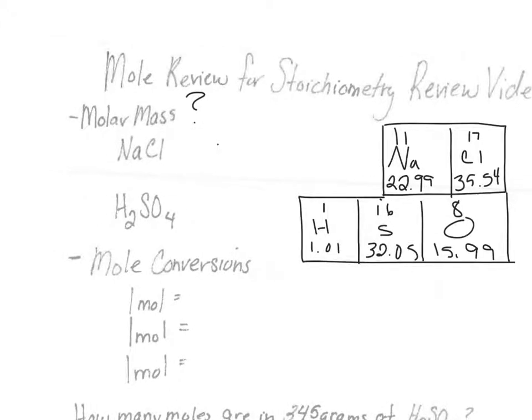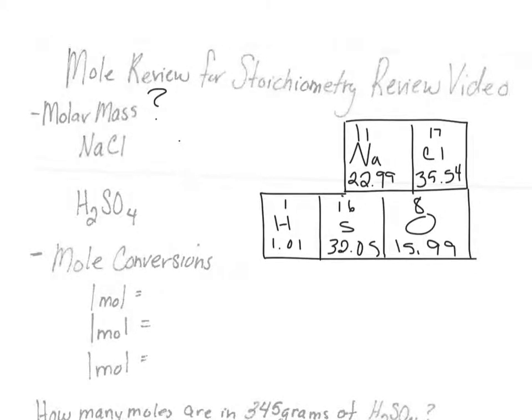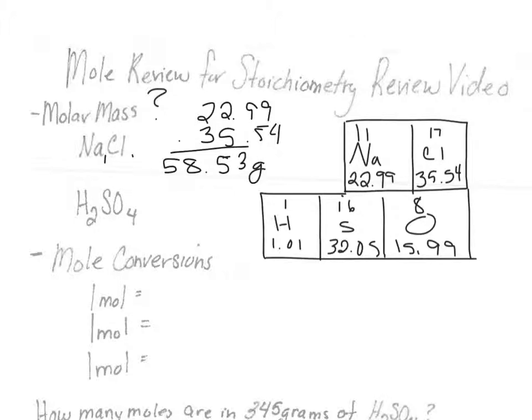So here I have sodium chloride, and its mass for sodium is 22.99, and there's one chlorine, 35.54, and so I total that 35.54 plus 22.99, and I get 58.53. And remember, the units are grams per mole.